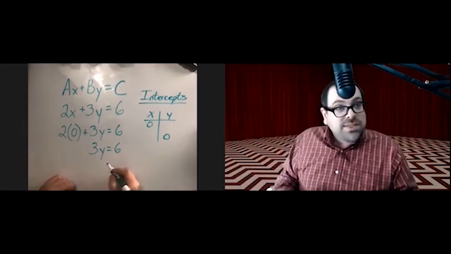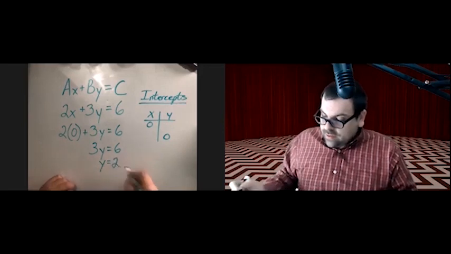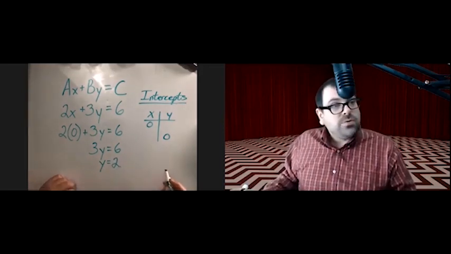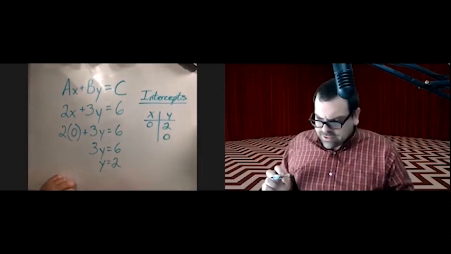We divide both sides by 3, and we get y equals 2. So when x is 0, y is 2.